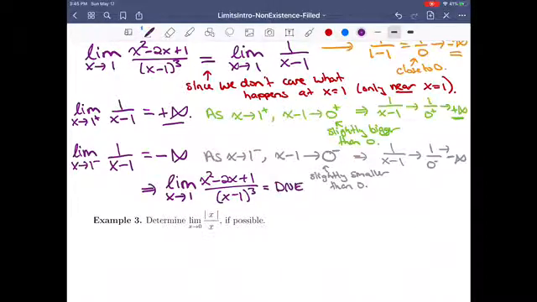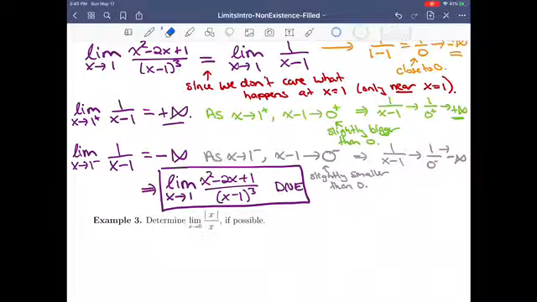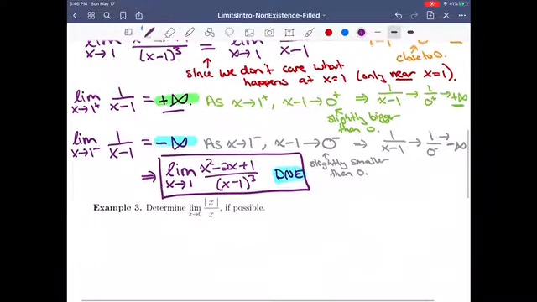I didn't need those equals, but you can have them if you want. Okay, so because they're different, I have plus infinity on one side, minus infinity on the other. Because they're different, that's why I get the DNE. Okay, that does not exist. We're in case 3, it turns out. Okay, let's try another one.